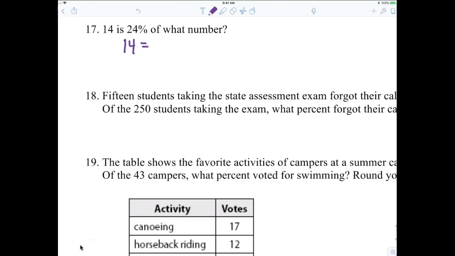Good job. And then of means? Right. What number is my variable? Yes. Are you okay with this or not? Yeah. All right. So 14 equals 0.24n.